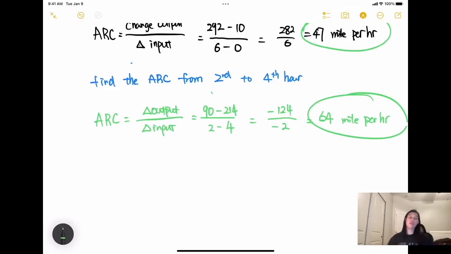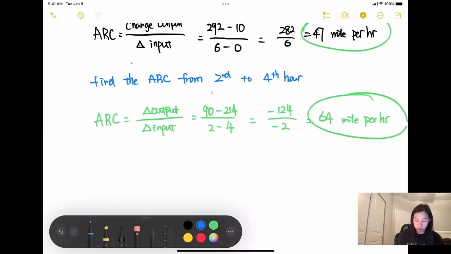But how do you compute the average rate of change of a given function? This was a table.